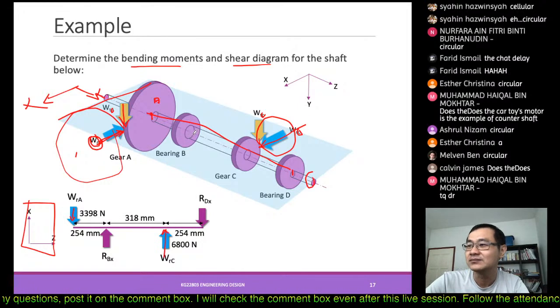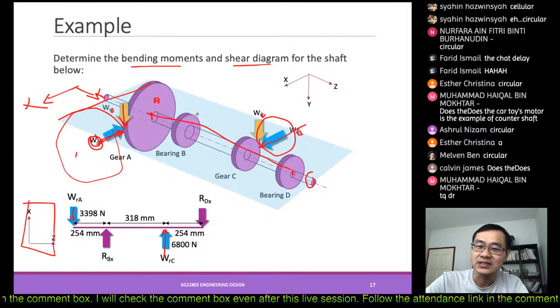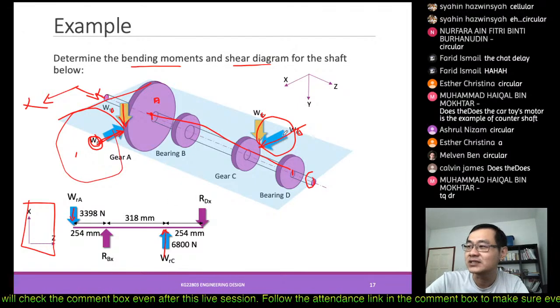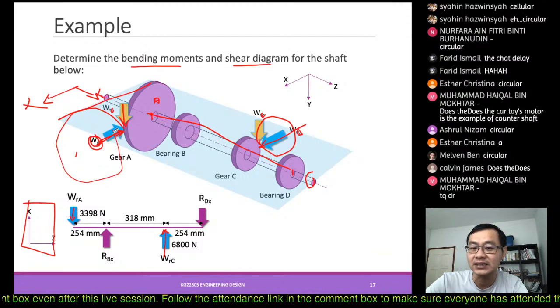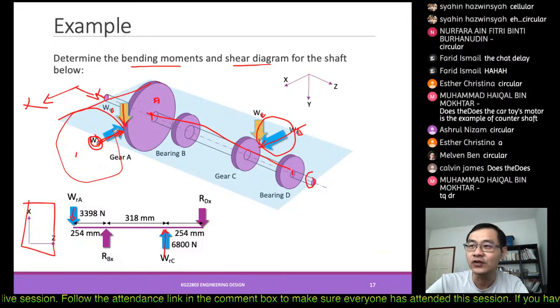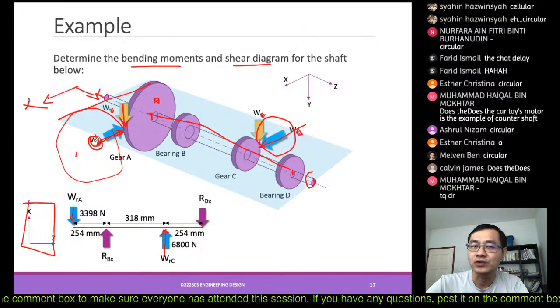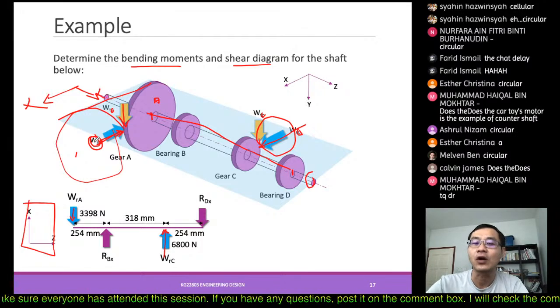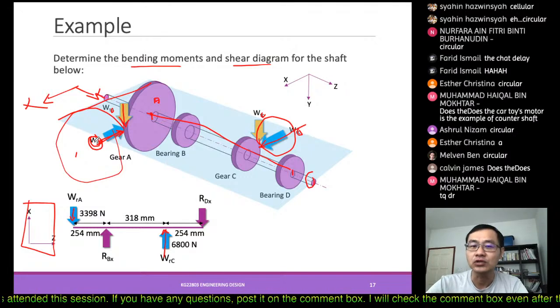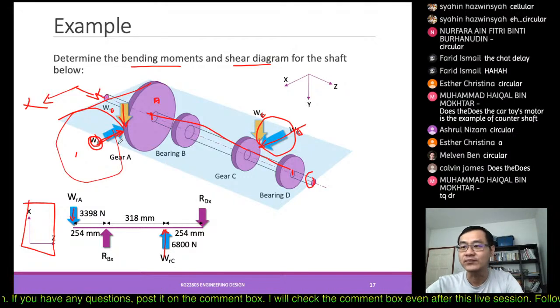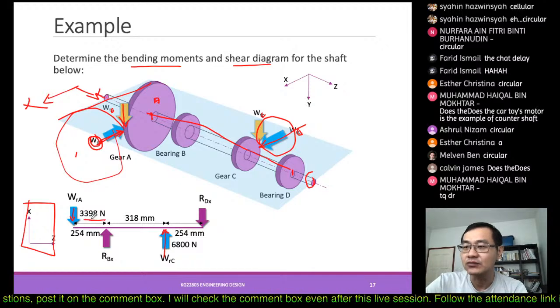These two forces we can usually predict, and calculate based on the torque or the power transmitted from your electrical motor or engine. So from there we assume now we know it.